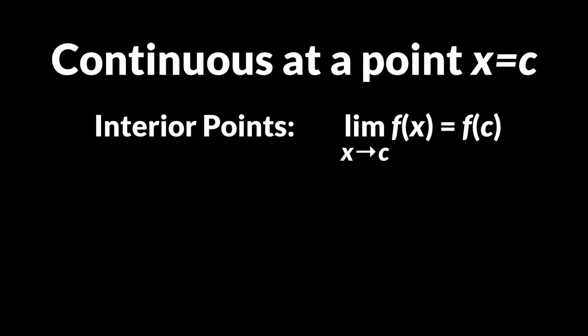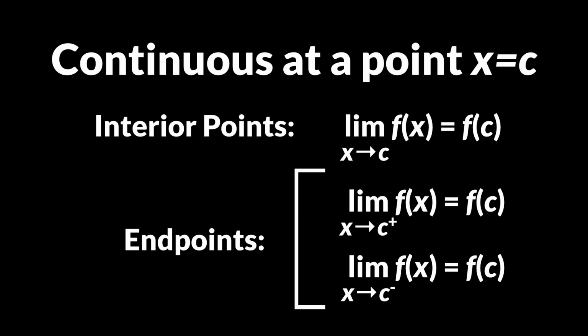So we can say that a function is continuous at a point x equals c again if it is an interior point, if the limit of f of x as x approaches c is equal to f of c, and if it is an endpoint, if the limit of f of x equals f of c as x approaches c from the positive side or from the negative side, depending on whether it is the left hand endpoint or the right hand endpoint.